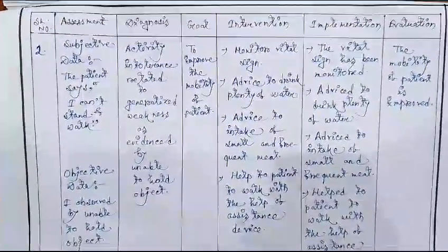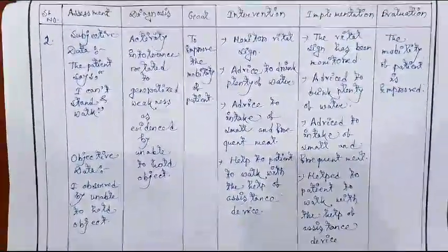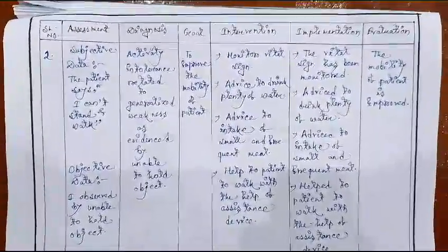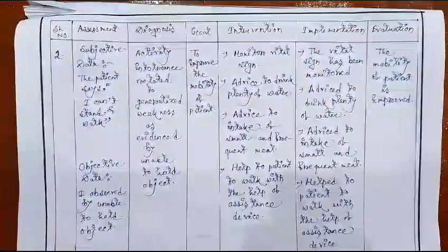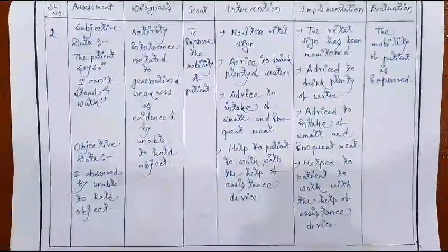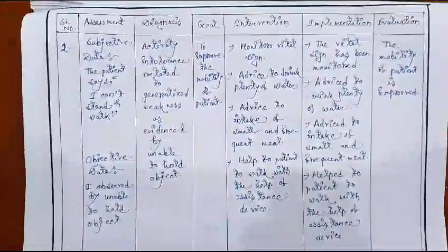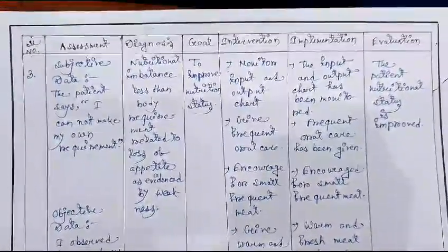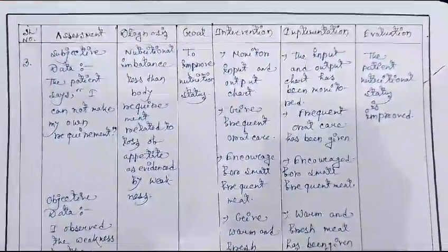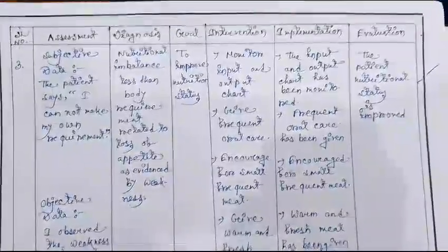Subjective data, objective data, diagnosis, goal, intervention, implementation and evaluation. That is our third care plan. Assessment, diagnosis, goals, intervention, implementation and evaluation.